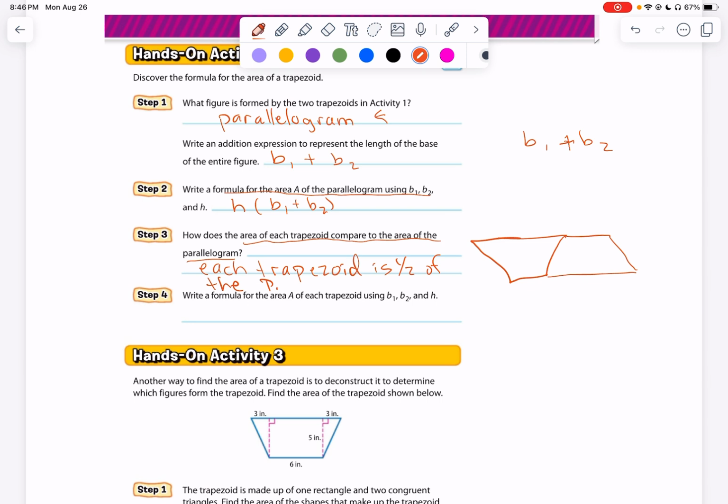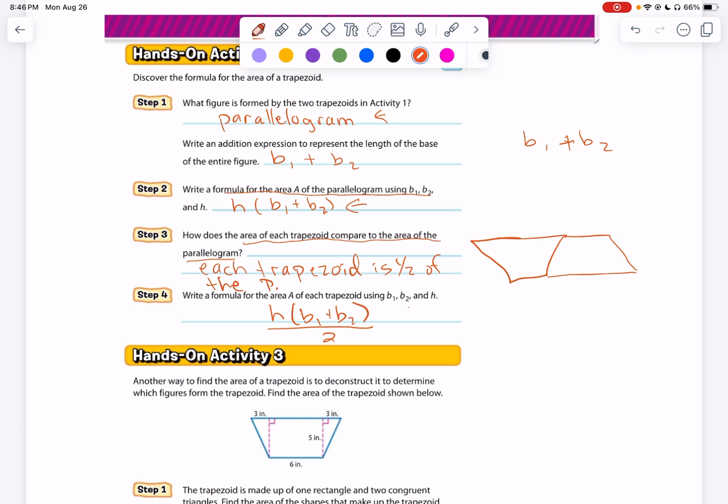Write a formula for the area of each trapezoid using base 1 plus base 2. So this whole thing up here, height times base 1 plus base 2, that's the area of the parallelogram, divided by 2. Would that work?